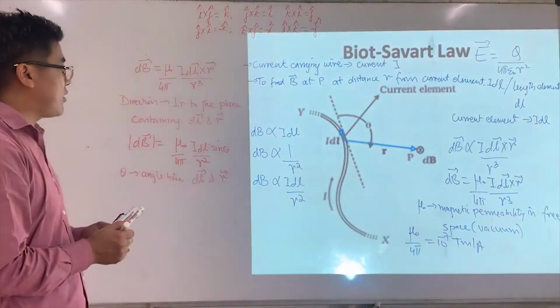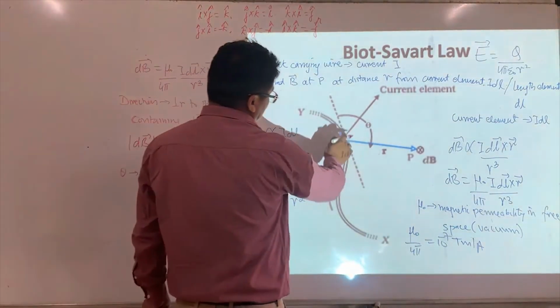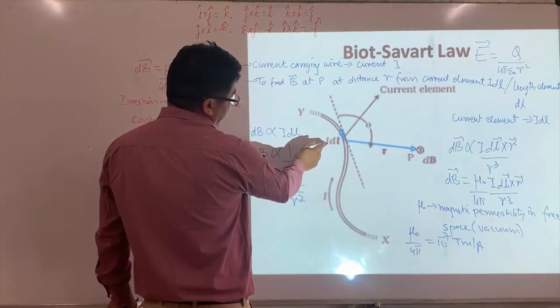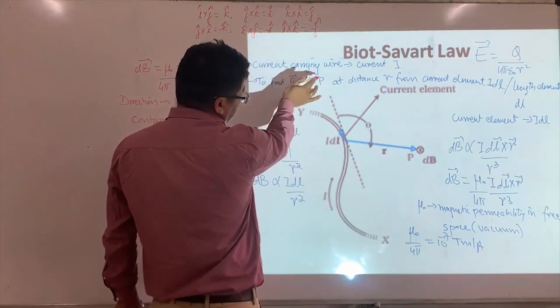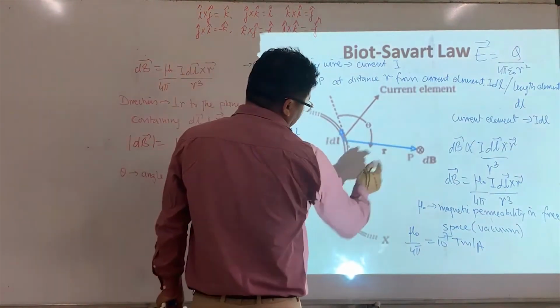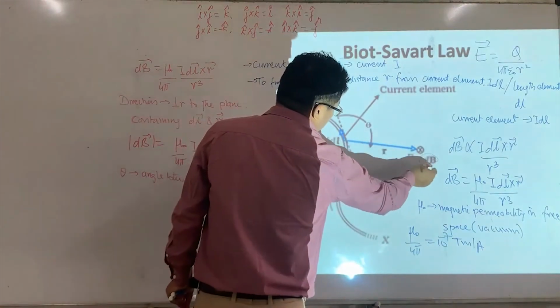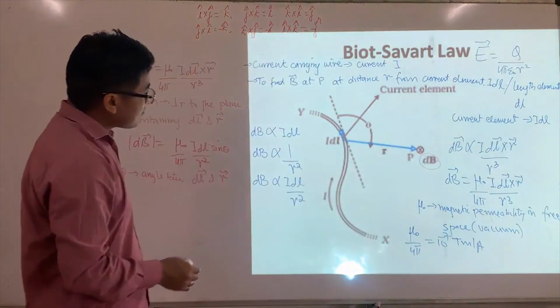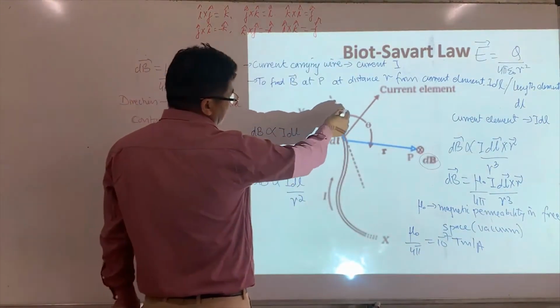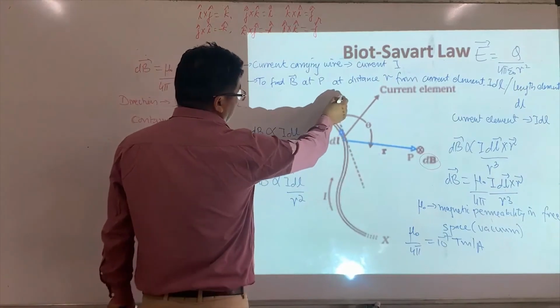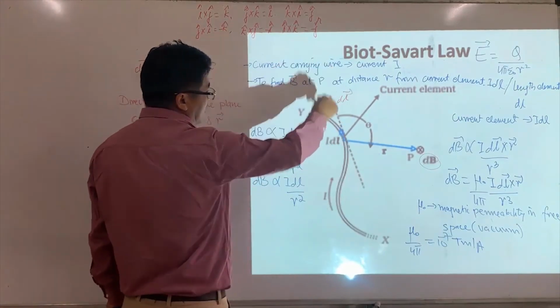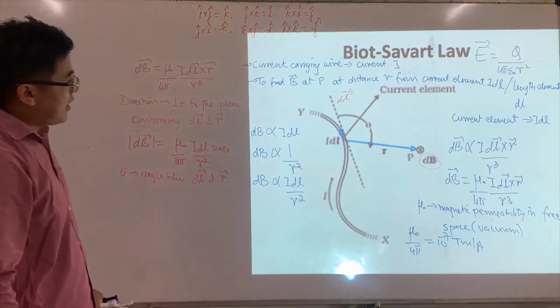So this is theta. This is the dl, the current element. Look here. This is the tangent, and this is the magnetic field. Theta is the angle between r and the direction of dl.